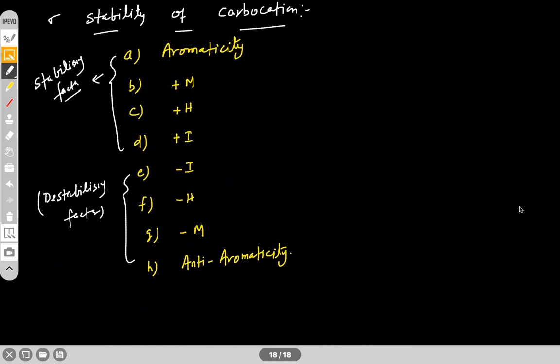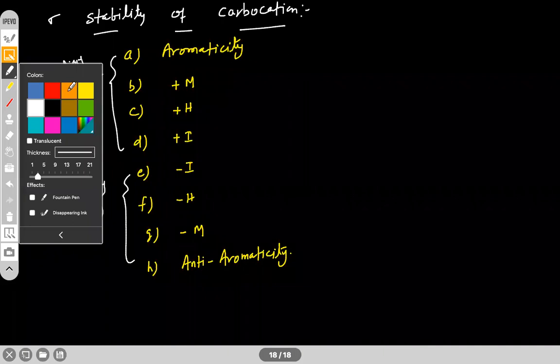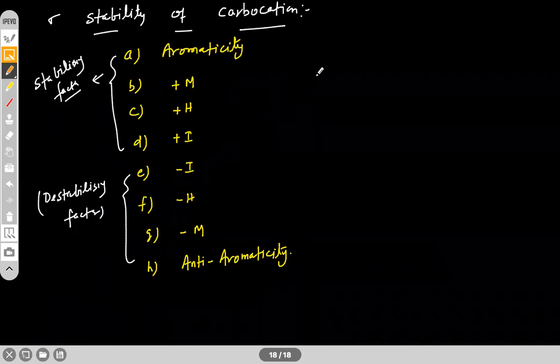Correct? Now, you see this example here. Compare the stability of carbocation.